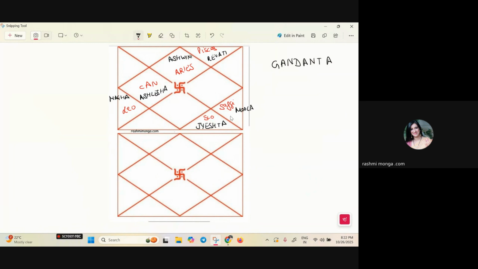See, otherwise, we consider the whole nakshatra as a Gandanta Nakshatra, Gandmool Nakshatra.